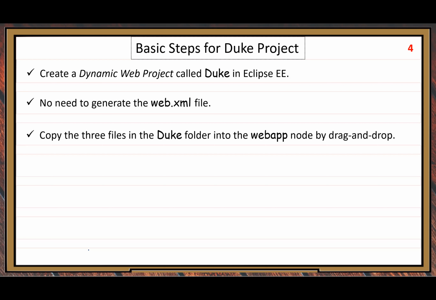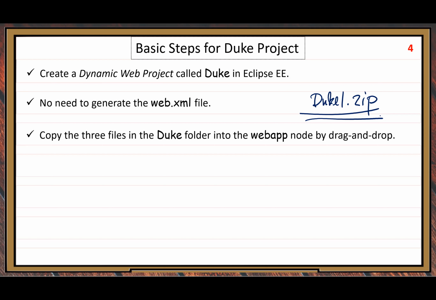Here, I upload a new Duke file. I call it Duke1.zip. You just go to Module2.PartB to download Duke1.zip, and then you unzip it. This Duke1 version is slightly different from our previous Duke version.